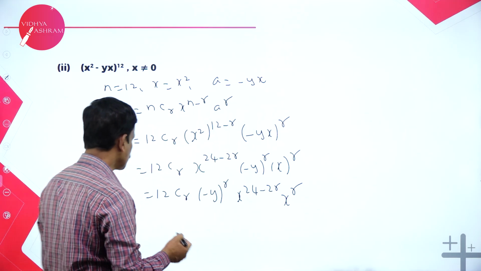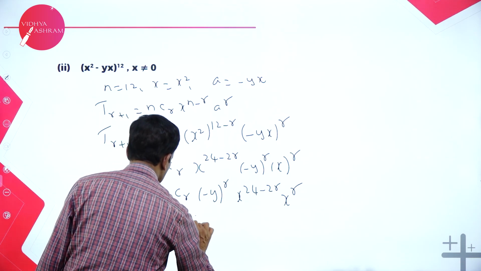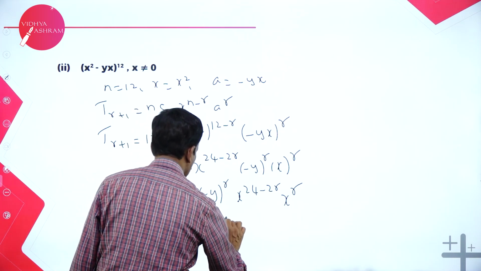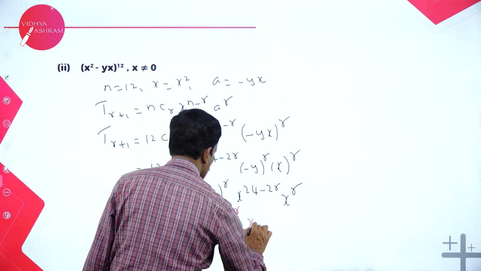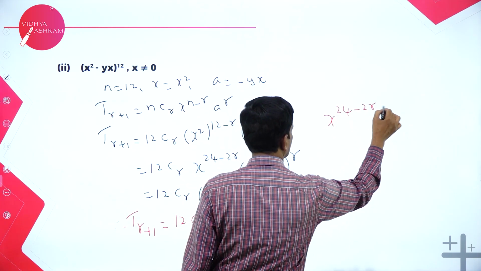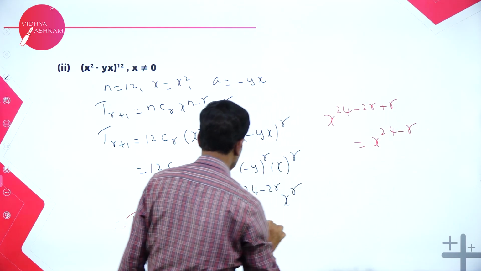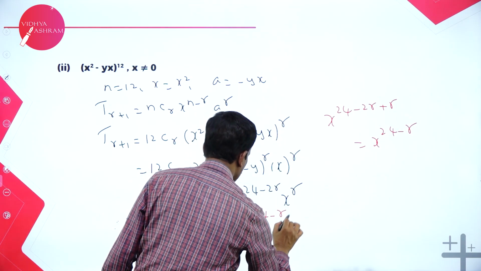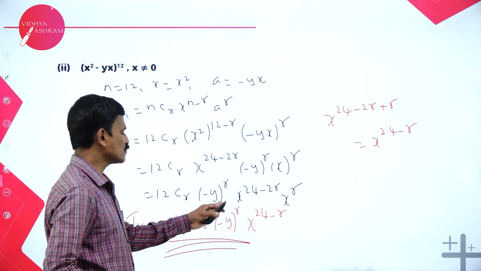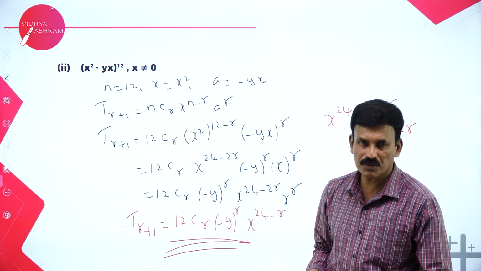Now, this can also be written as, therefore, T(r+1) is equal to 12Cr, (minus y) to the power of r into x to the power of, simplify this, 24 minus 2r plus r, x to the power of 24 minus r. So, this is the general term. So, 12Cr (minus y) to the power of r, x to the power of 24 minus r is the required answer. Hope you followed. Okay.